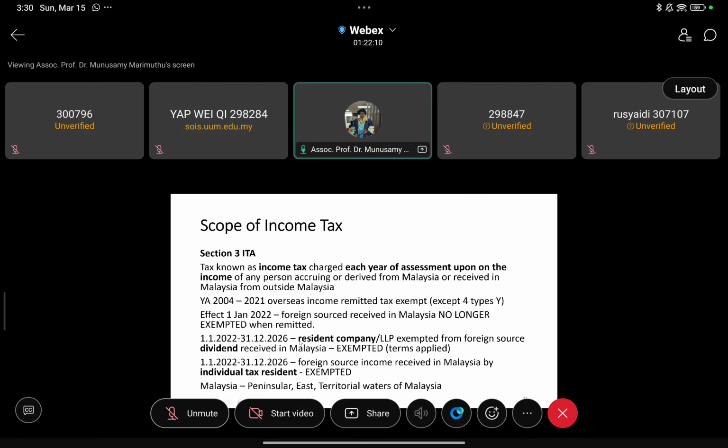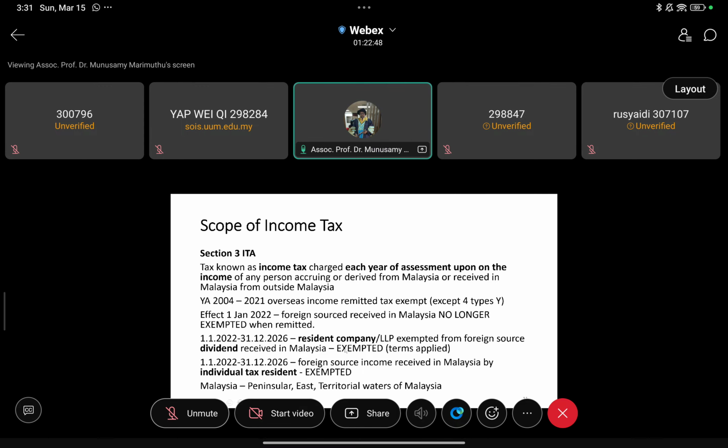So another case, I'll simplify it for you. A resident company or individual: anything accrued or derived from Malaysia is taxable. But overseas income, foreign income for an individual, is exempted. For a company, only dividend is exempted. Other than that, like rental and interest, are taxable.